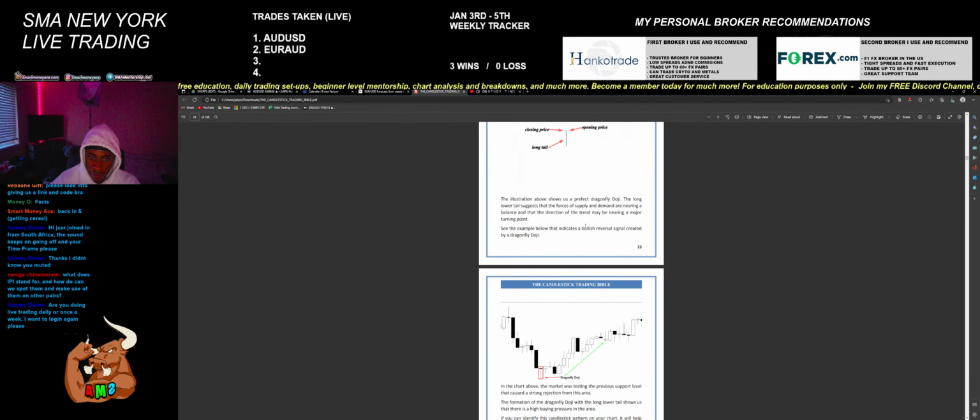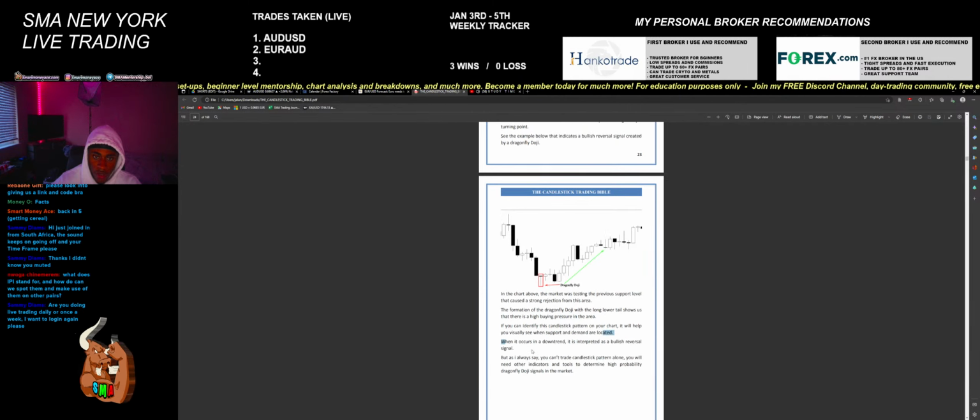Biggest takeaway: the longer the wick, the higher the chance that price is going to reverse, okay? It's indicating that price is in indecision, meaning there's a high chance that the sellers or buyers are going to take control. So, for example, if you're in a bearish market, there's a high probability that the buyers are going to take control. If you're in a bullish market, there's a high probability that the sellers are going to take control. Very, very simple.